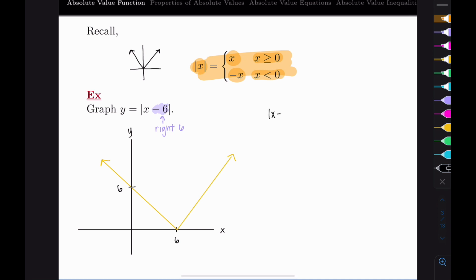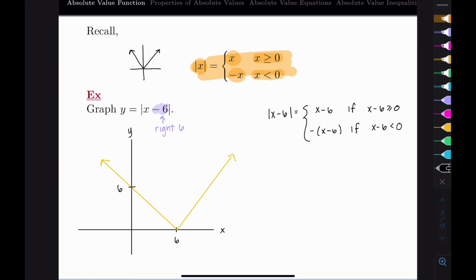So when we take the absolute value of x minus 6, we have two rules that have to follow. We get exactly what we started with, x minus 6, if what we started with was already greater than or equal to 0. Or if what's inside the absolute value is negative, we have to change the sign because this thing on the inside was negative.